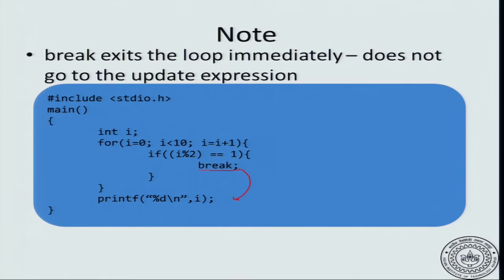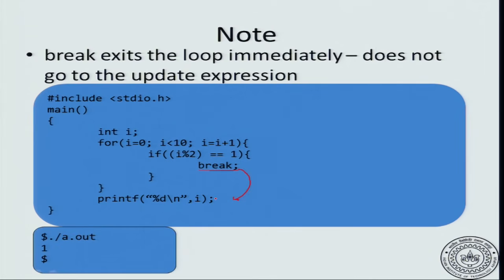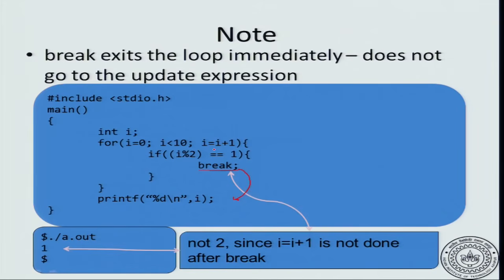When you break, you immediately get out of the loop. So, when you print this, then I will be 1. In particular, I is not 2, which is what will happen if you go back and update I equal to I plus 1 before exiting out of the loop. Okay. So, the important thing to notice is that it is not 2, since I equal to I plus 1 is not done when you break. When you break, you get out of the loop immediately without doing the update statement.